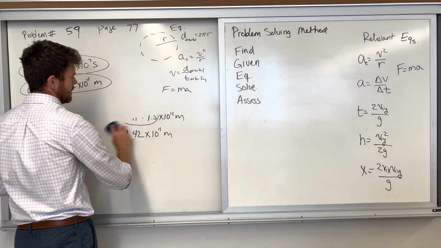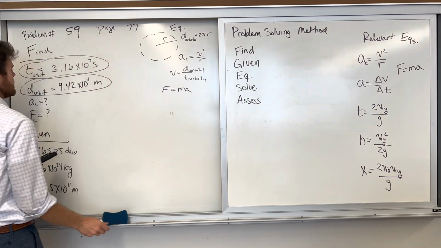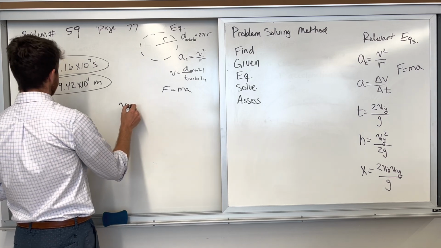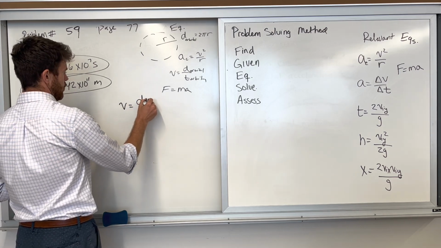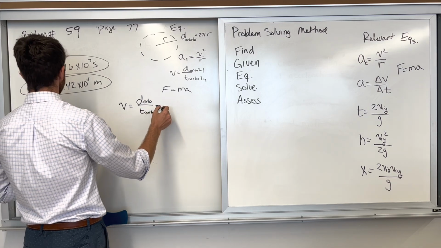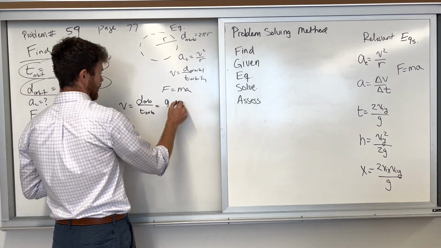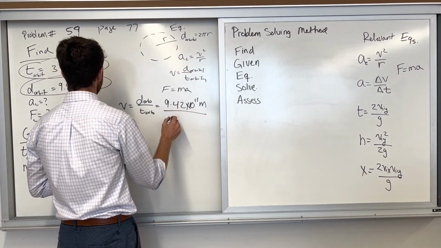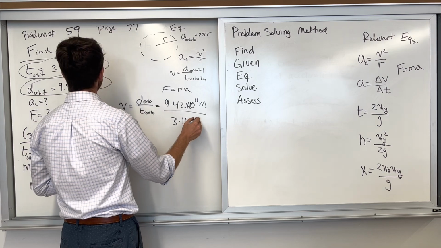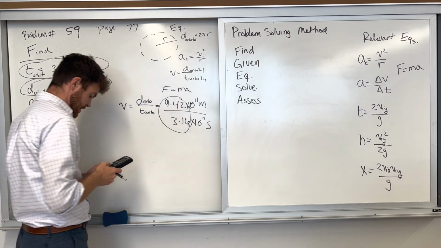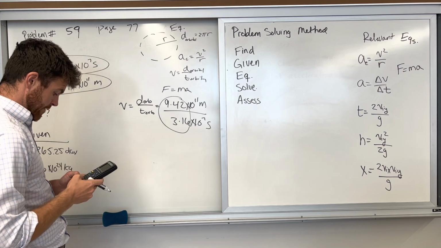So now we can find the velocity, right? The speed is the orbital distance divided by the orbital time. 9.42 times 10 to the 11th meters divided by 3.16 times 10 to the 7th seconds. So we're doing this division first. 9.42 divided by 3.16.